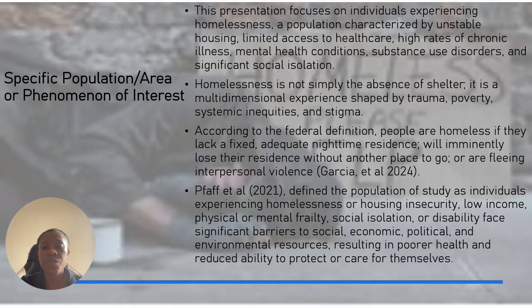So the specific population for this presentation focuses on individuals that are experiencing homelessness. Homelessness is far more than the absence of housing. It is a complex experience that is shaped by trauma, poverty, and systemic inequities.